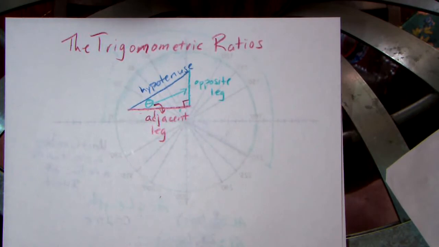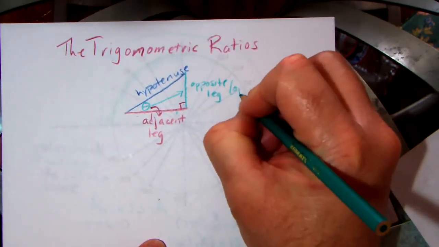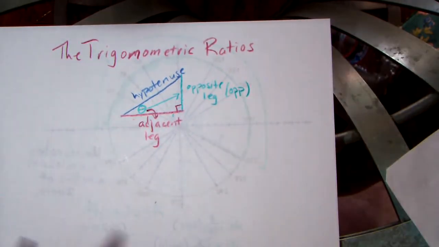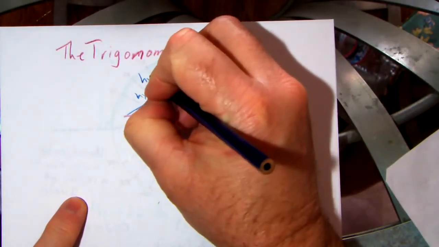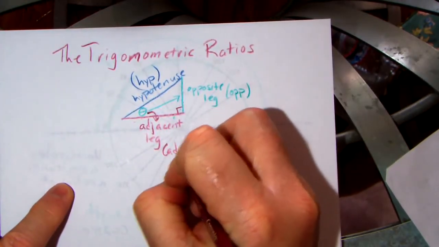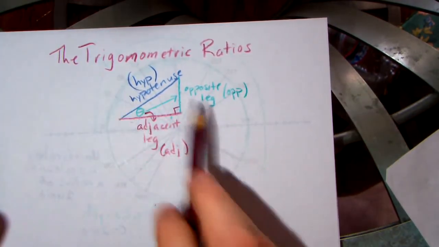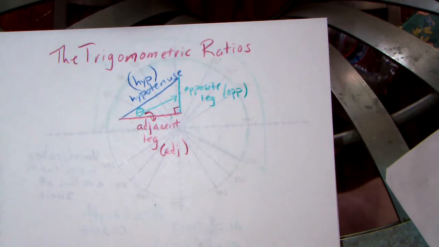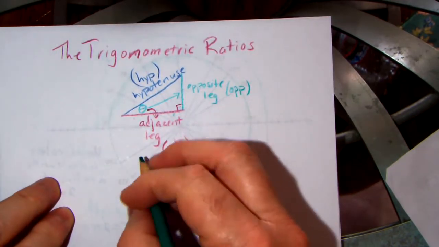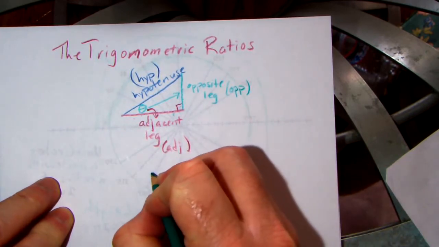Now, as we look at these three pieces of information, and we think about the different ratios that we could reference, I'm going to start using some abbreviations here. In terms of starting from this angle and looking at these three pieces of information, I could actually write 6 different ratios, but I'm only going to focus on 3 of them for right now.